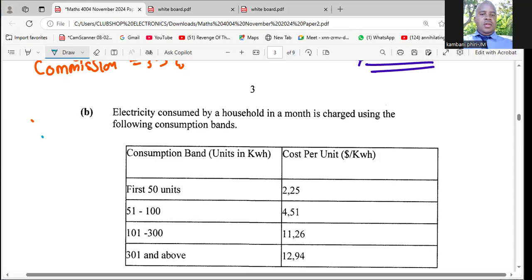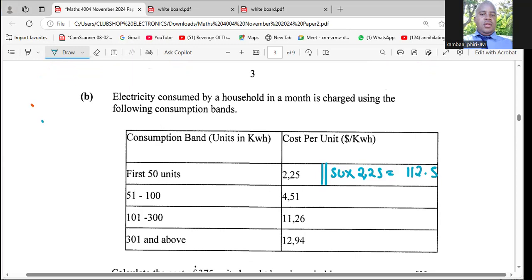So if you have 50, so here it means I'm going to have 50 times 2.25. What do you get? 50 by 2.25. You're going to get 112.5.